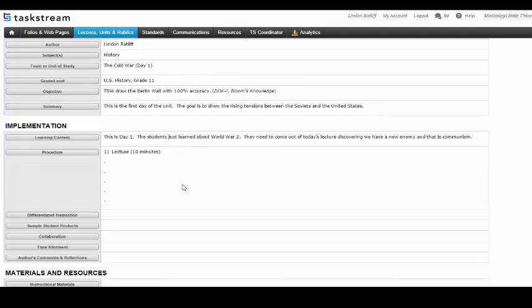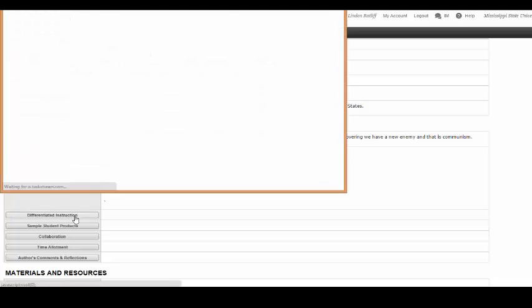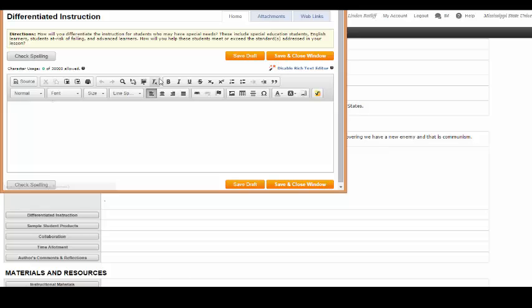Now, this is the only thing that's going to be kind of different: differentiated instruction. Differentiated instruction is whenever you change your instruction to remediate or enrich another student. So what I would do is I'd go differentiated instruction, bold, underline, remediation. It didn't bold and it did not underline, but it will now when I do that.